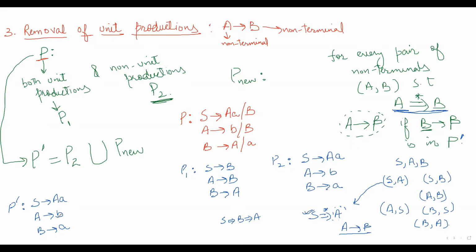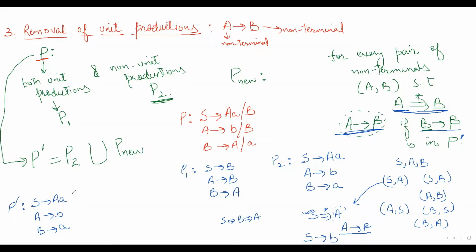Yes, A gives small b. If there is this kind of production, then we have to add S gives beta. So instead of beta, what is there? B.